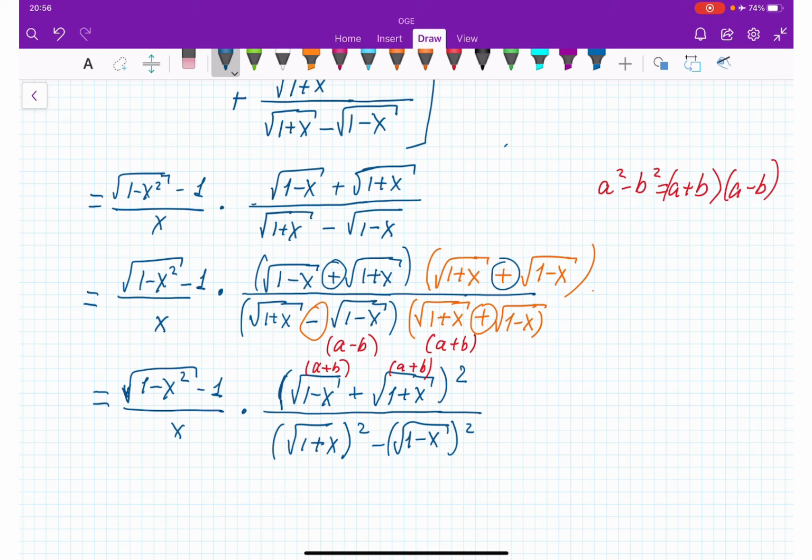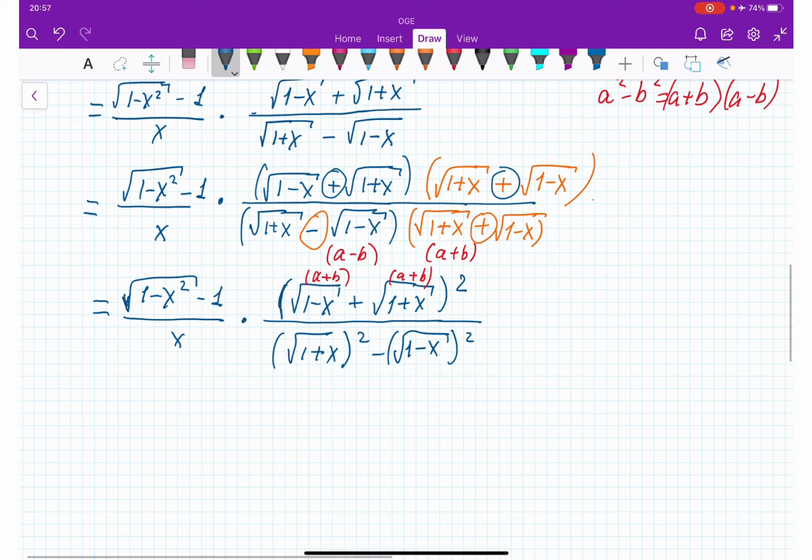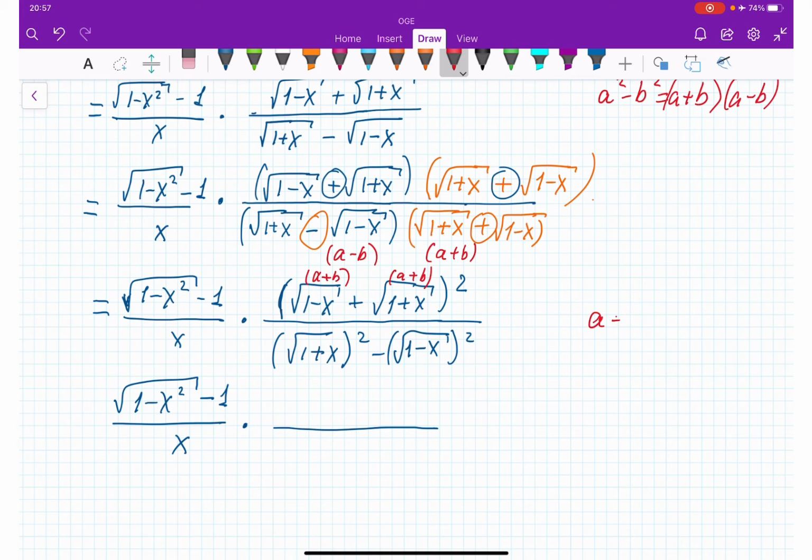So this is going to be 1 minus x squared minus 1 divided by x times. So a plus b squared in the numerator is going to be a squared plus 2ab plus b squared, right? So let's apply.